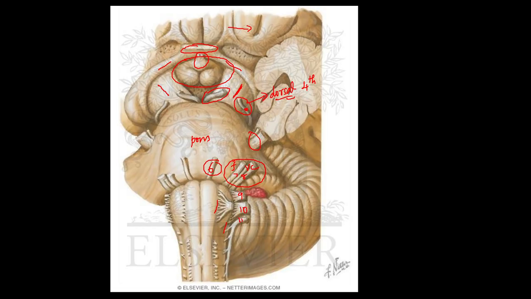At the anterolateral sulcus we have the hypoglossal nerve, otherwise the 12th cranial nerve. So the posterolateral sulcus has the 9th, 10th and 11th, and the anterolateral sulcus has the 12th cranial nerve.